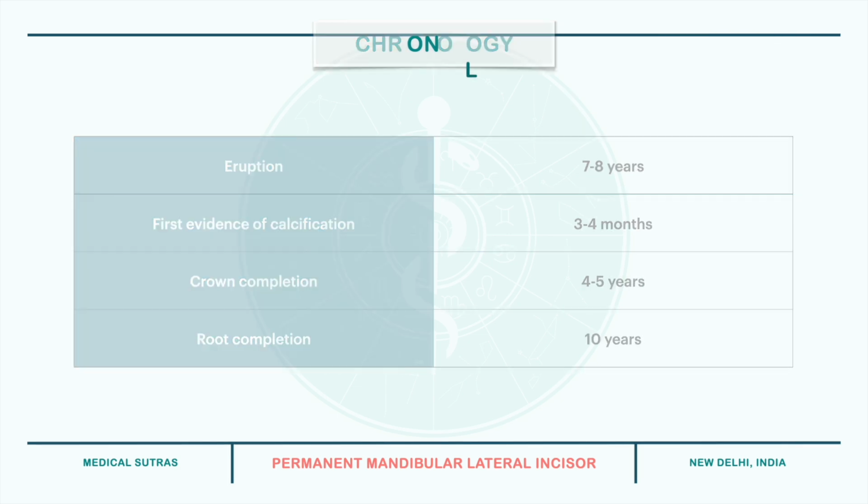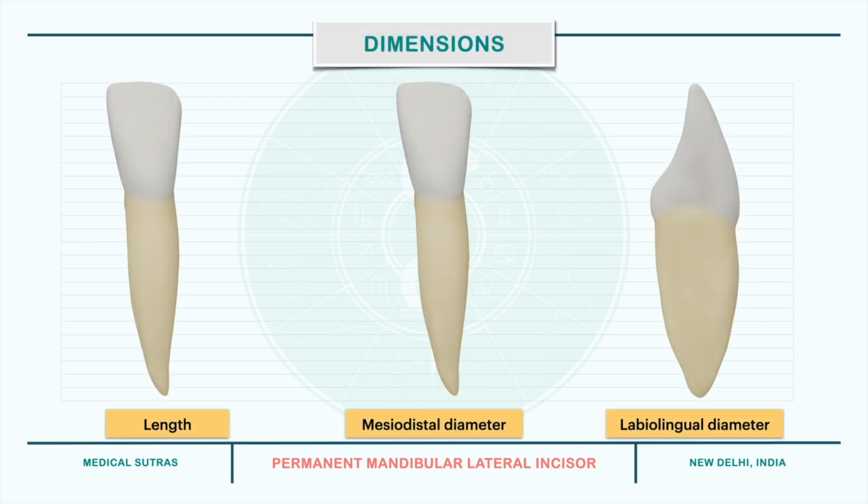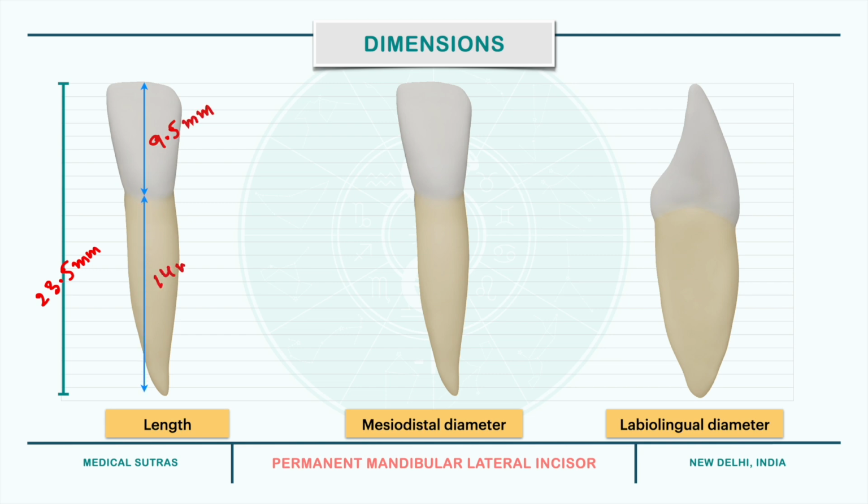Next we will look into the dimensions of the teeth. The overall length of the permanent mandibular lateral incisor is around 23.5 mm, of which the crown length is 9.5 mm and root length is 14 mm.